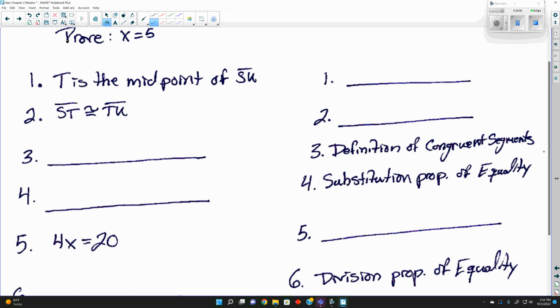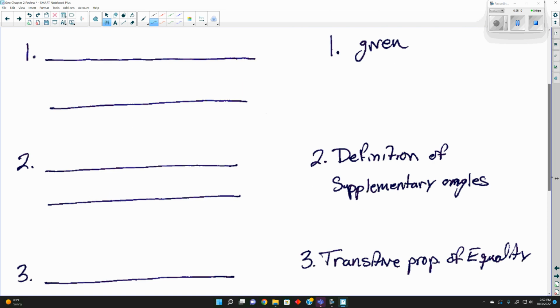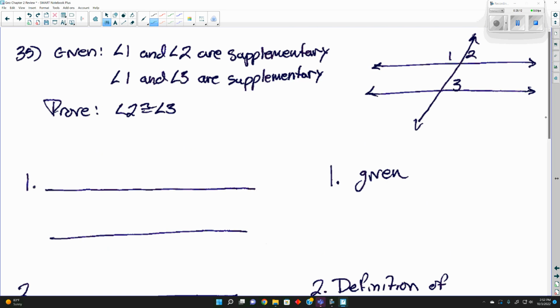So, guys, do we want to look at 33, 34, or 35? The last two are symmetric. Let's do 35. So guys, let's look at this one here. So 35.